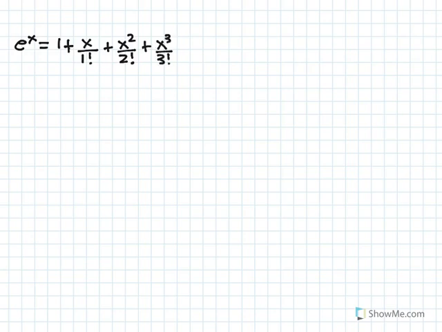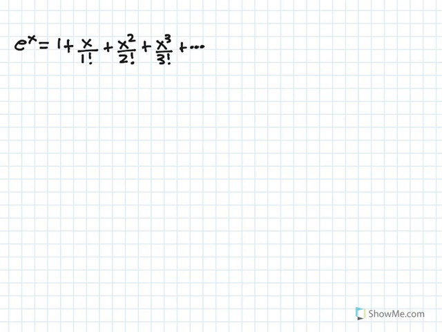So let's start with the Maclaurin series of e to the power of x. E to the power of x is equal to 1 plus x divided by 1 factorial plus x squared divided by 2 factorial plus x cubed divided by 3 factorial and so on. Now we need the Maclaurin series of e to the power of 2x.